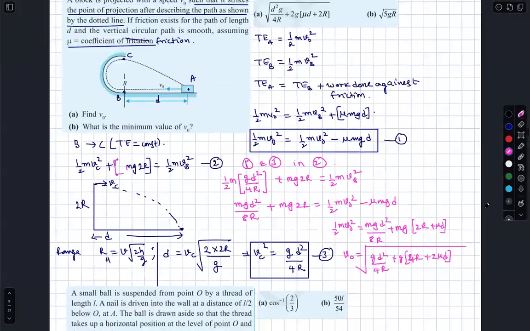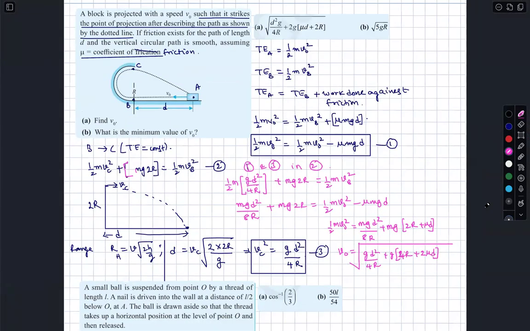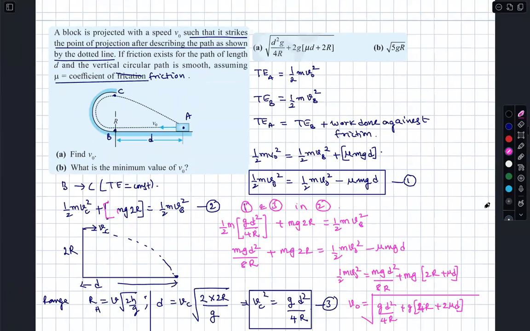See how many stages are involved in this question. Please try to understand how many different stages are involved.